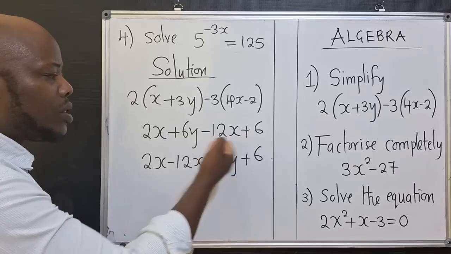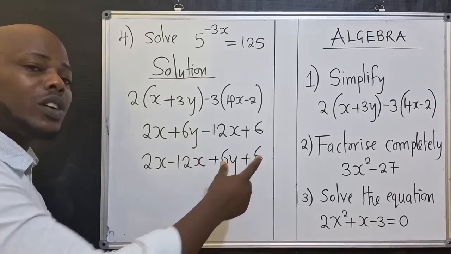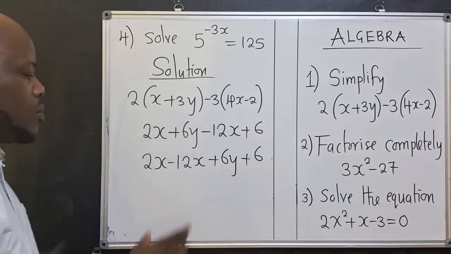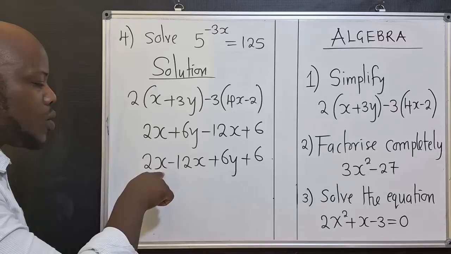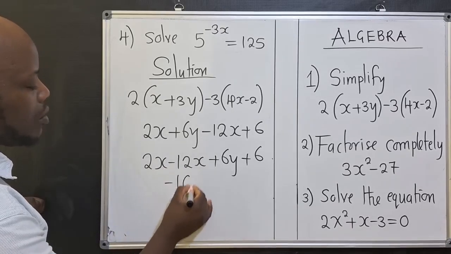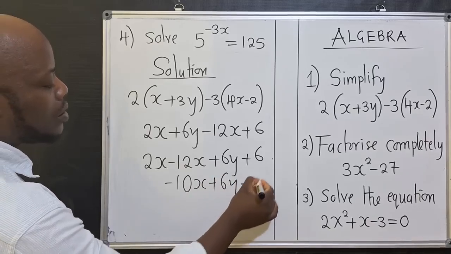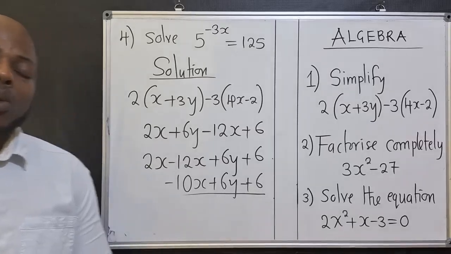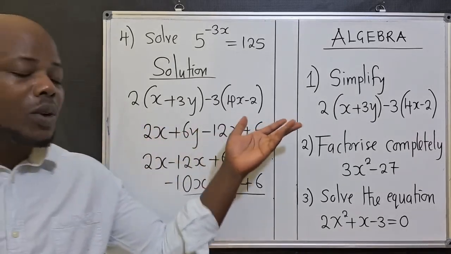Do we have any other term without a letter? No, it's just alone. So these will just maintain. We won't do anything to them. But for these, we have to do something. That will be 2x minus 12x, which will give us a negative 10x plus 6y plus a 6 there. And this is how the solution was supposed to be. Okay. So for simplification, we're done.